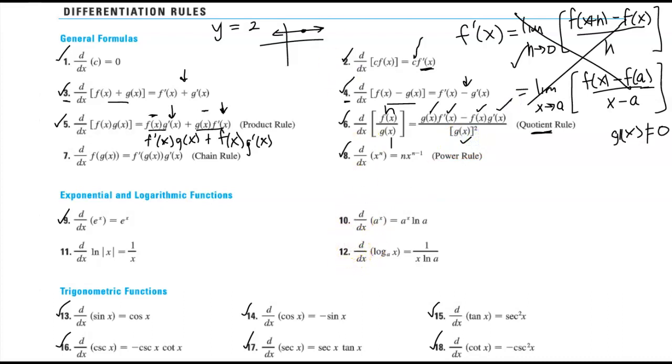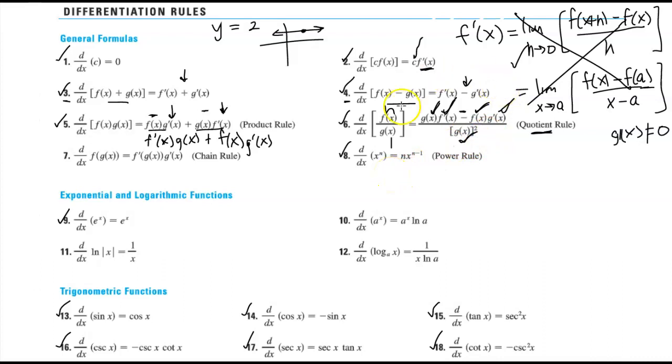Now, to put that in a more succinct way, we could just say this: low d high minus high d low over low squared. And I'll say it again: low d high minus high d low over low squared.